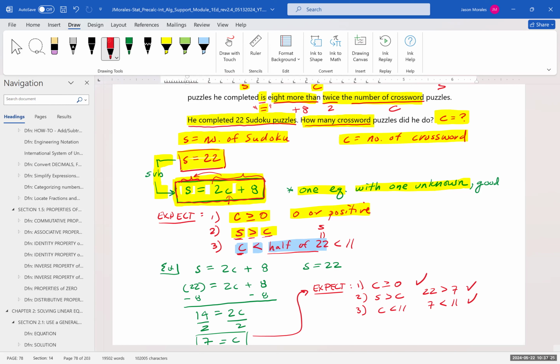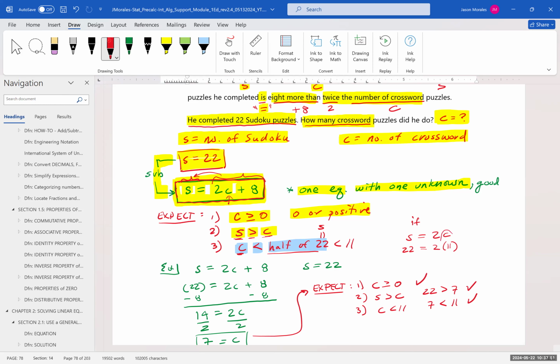Well, if the number of Sudoku puzzles was equal to 2 times the number of crossword puzzles, that would be like saying 22 is equal to 2 times 11, right? 2 times 11 is 22.